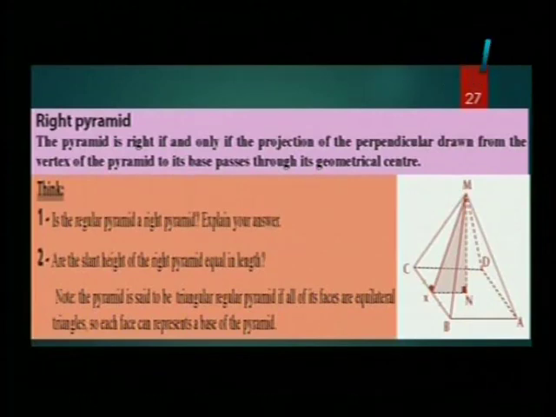In fact, they don't have to be equal in length. Note, the pyramid is said to be a regular triangular pyramid if all of its faces are equilateral triangles, so each face can represent a base of the pyramid.